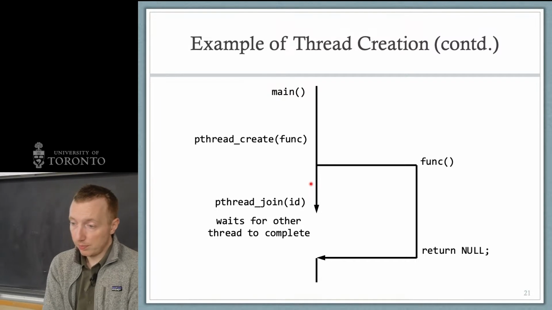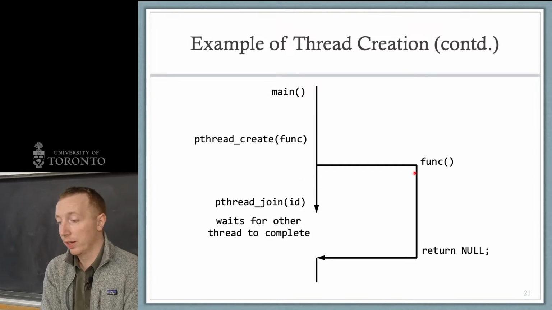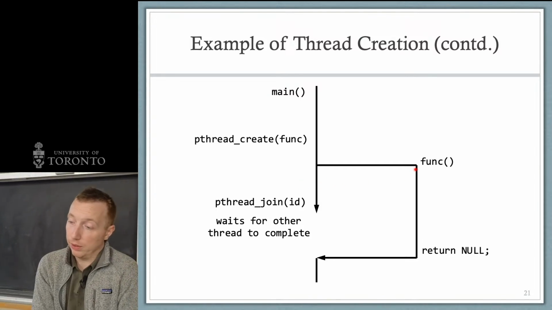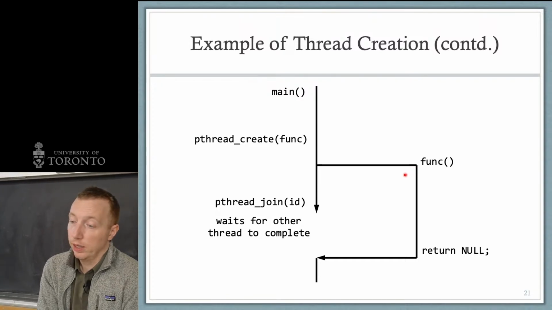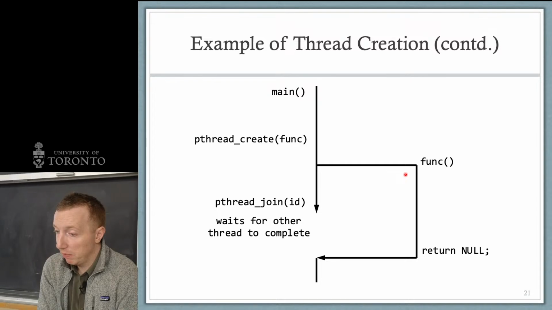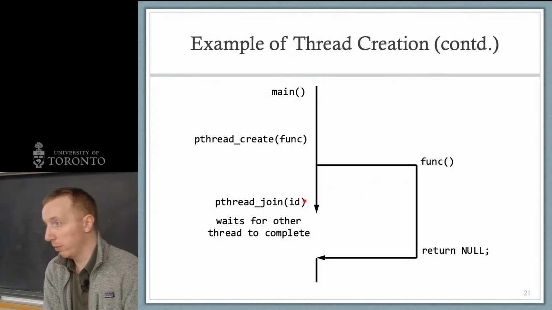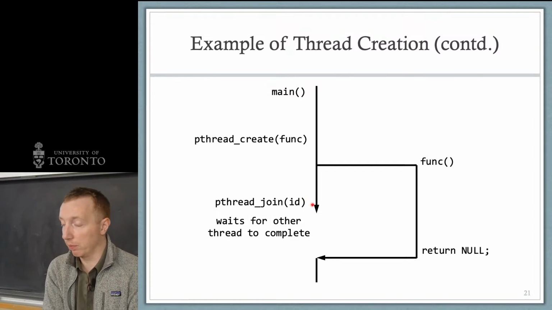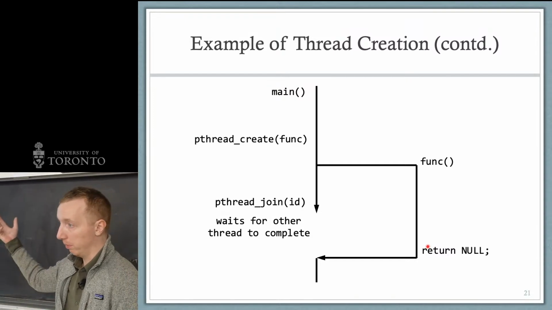So this is how the join looks. We create two things. The main function keeps on executing, and the other function running in the thread can run. You don't know what order they're going to run in. If the main thread runs first and it hits join before the thread terminates, it would block. It can't run until that thread actually terminates, and it will terminate whenever it returns from its run function.